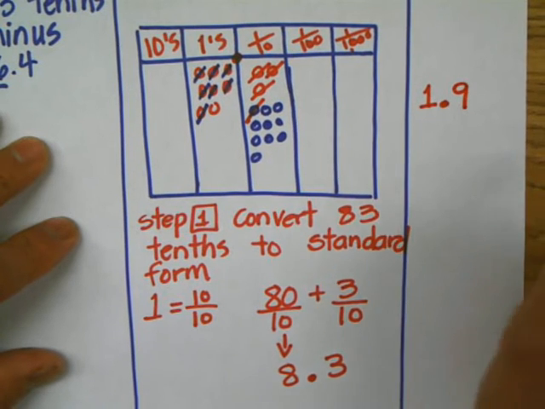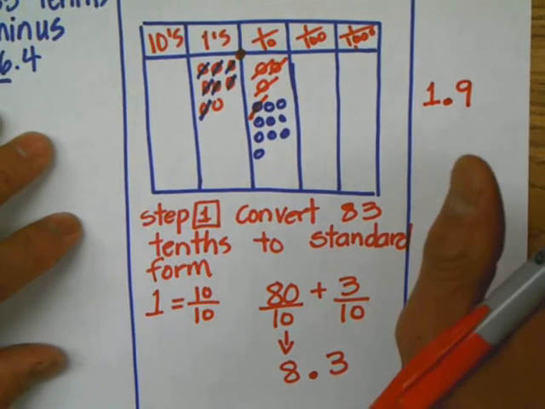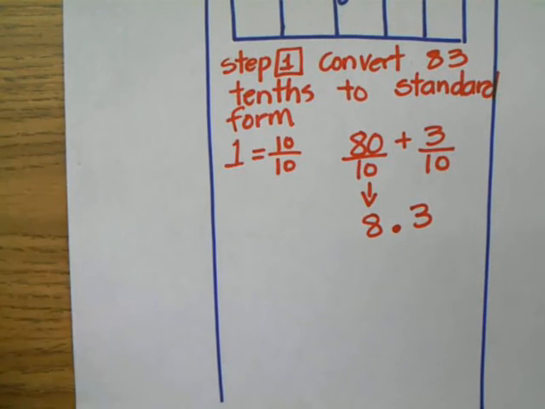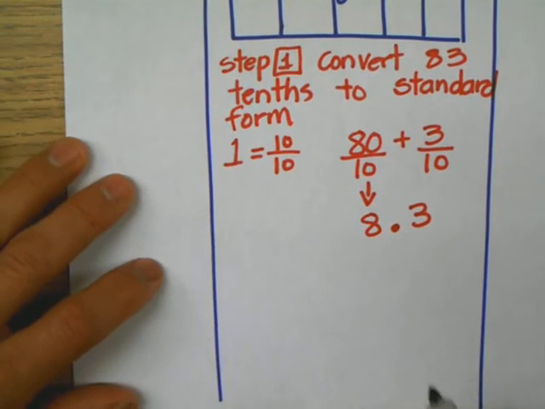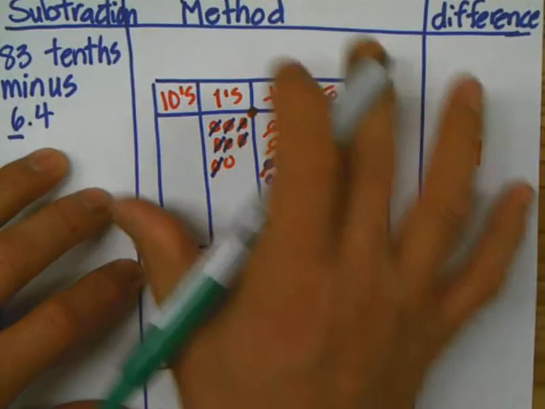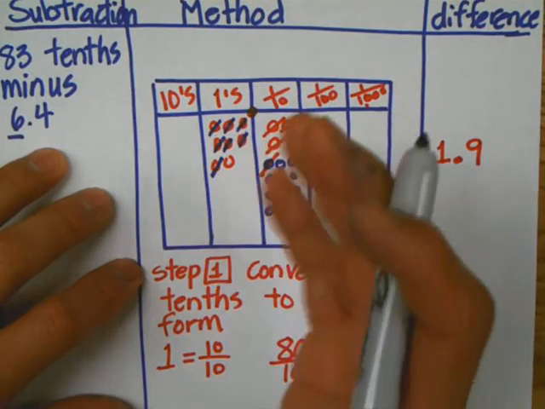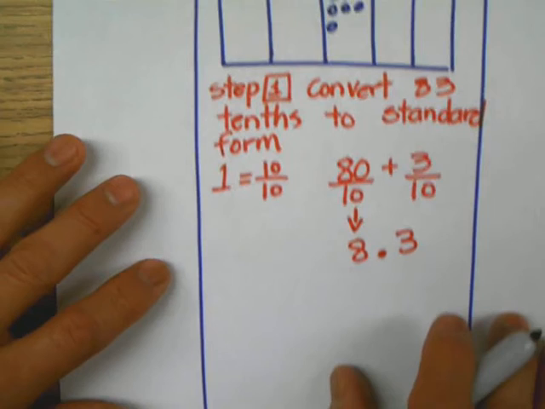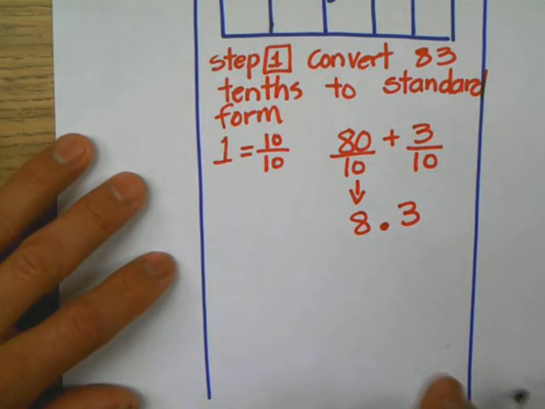Now let's do it with the algorithm. So now, to show you how in this problem you have to borrow to be able to get it right. But the place value chart is a great tool to help you do it without making any mistakes. So let's show the subtraction. So here's the algorithm.